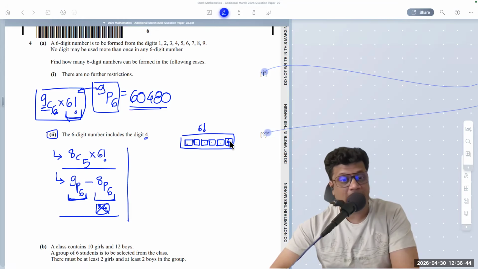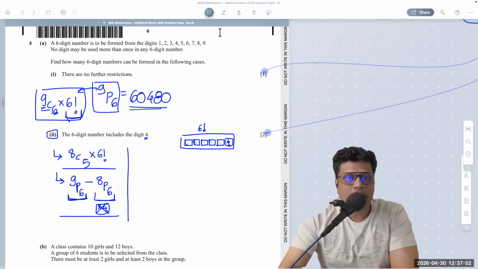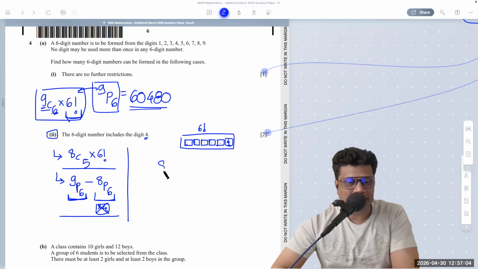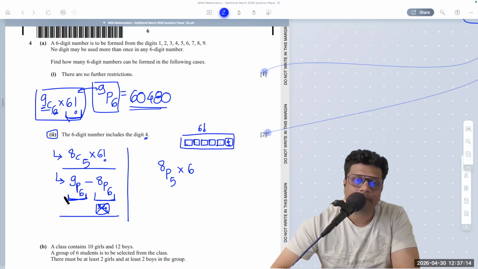So what you do is count the number of permutations for 5 digits chosen out of those 8 and multiply that by 6.